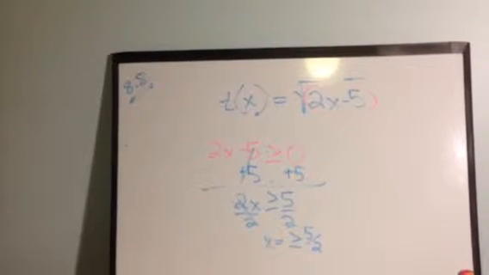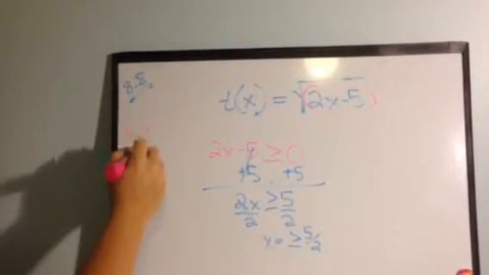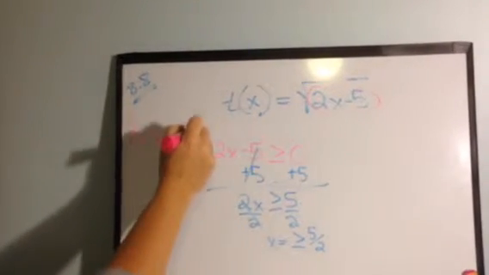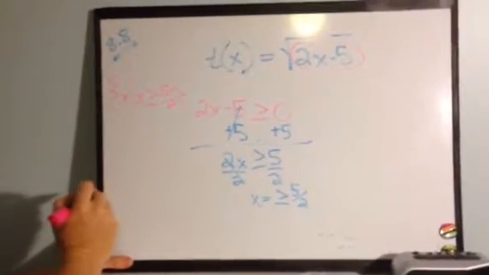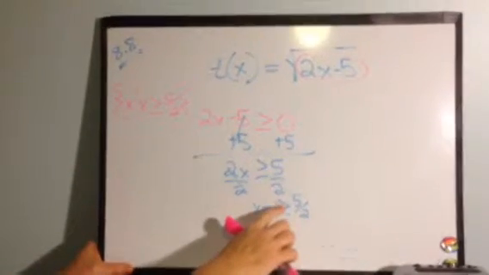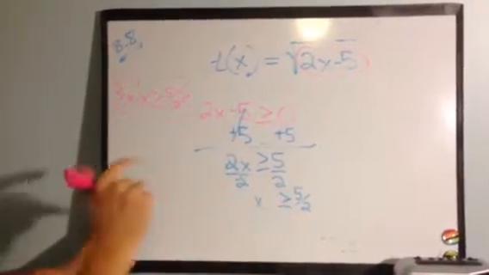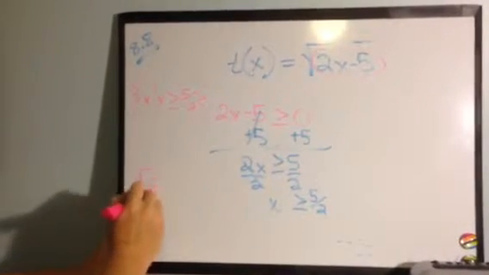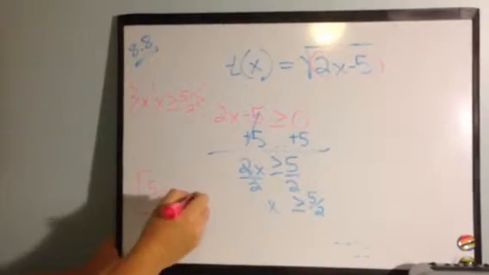So again, when I go to write that in set notation, x such that x is greater than or equal to 5/2, or your choices in MyMathLab may be in interval notation, where I'm looking for x to be greater than or equal to 5/2, so it can include 5/2, and it can be anything greater than that all the way up to positive infinity.